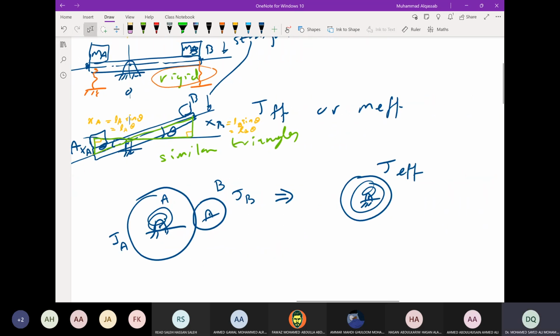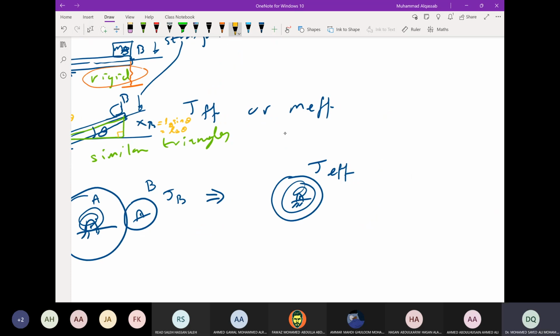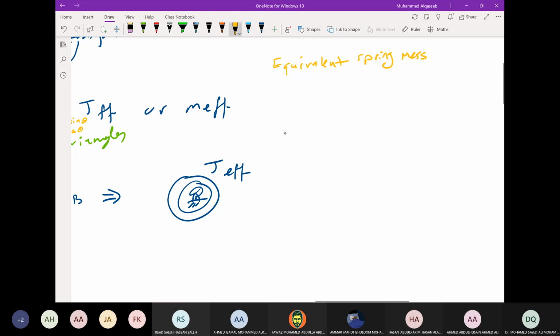In terms of XA, for example, you can get an equivalent system as a translational spring mass system at A. Then it will be a spring K effective and M effective, and it is moving with XA.